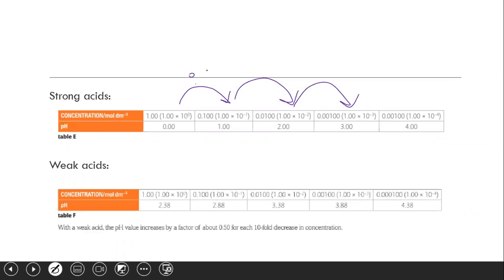I am decreasing the concentration of the acid by 10, and the pH is increasing by a factor of 1, right?